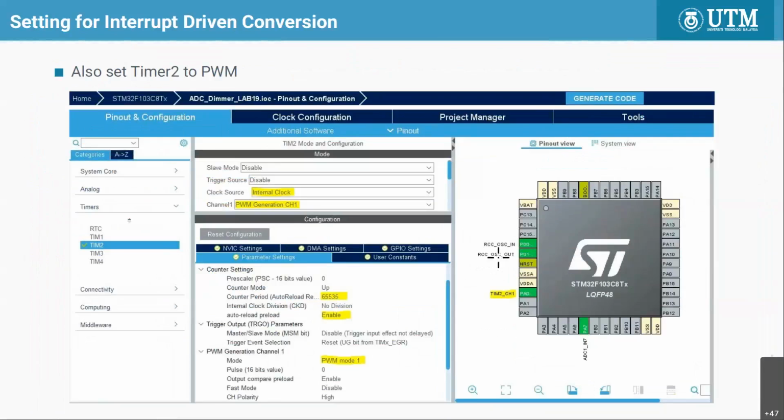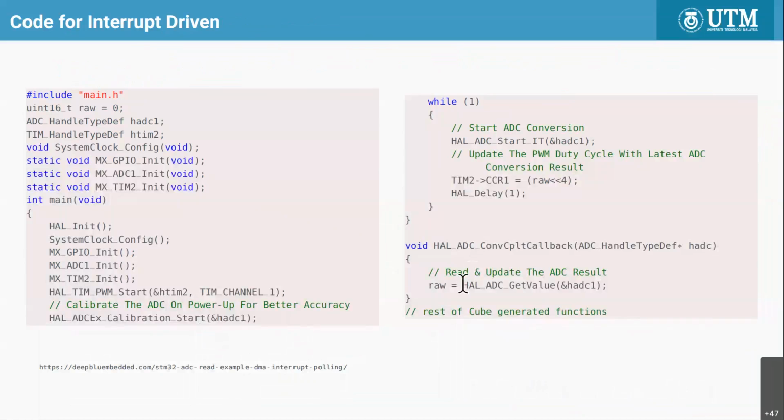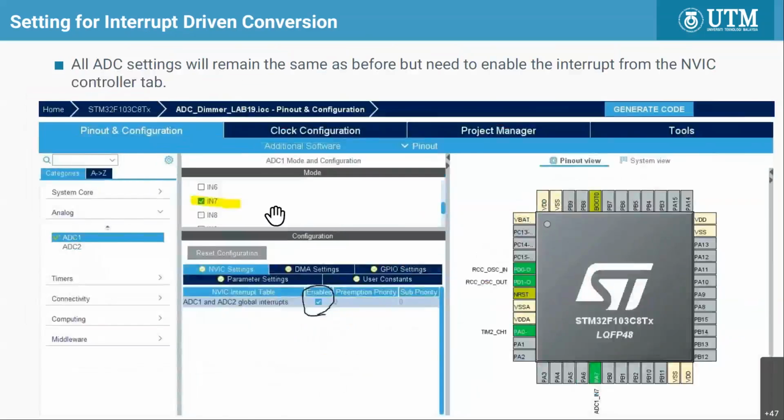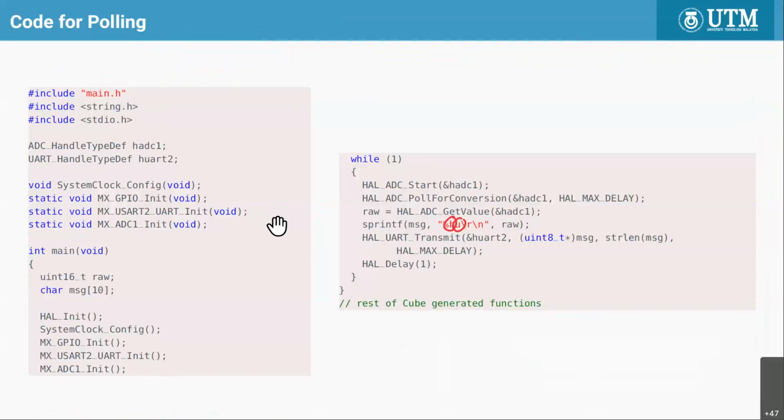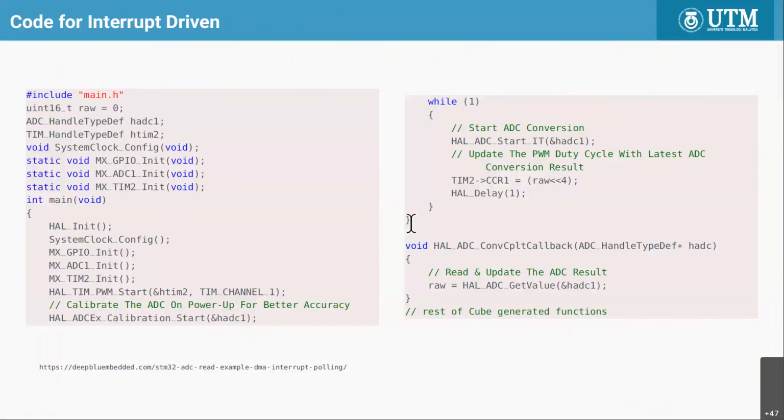So if you want to do interrupt, have to do more work lah, but this one we're going to go in detail. So you can see here for interrupt some changes. If you recall this code here, this is just the main loop. But if you are going to do interrupt, you start the interrupt, then you take the data from somewhere, and you transfer.